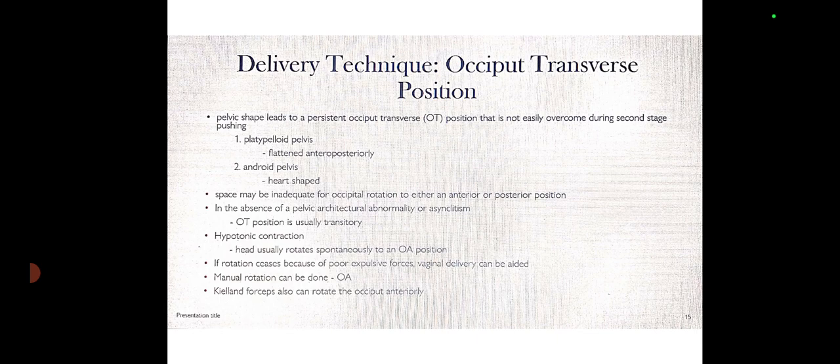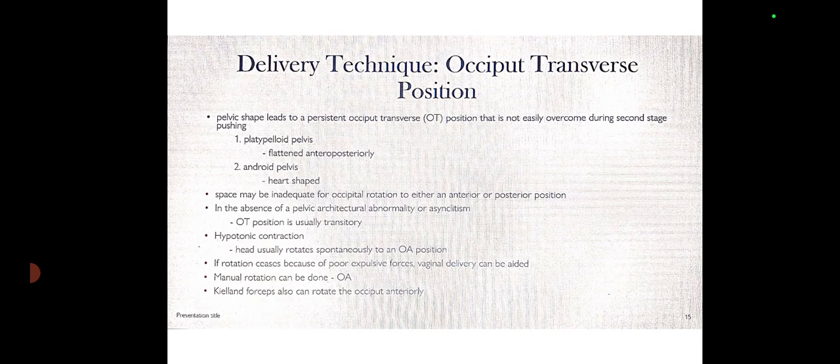The occiput transverse position. Pelvic shape leads to persistent occiput transverse. The position is not easily overcome during second stage pushing in a platypelloid pelvis, which is flattened anteroposteriorly. While speaking about the anthropoid pelvis, this is the heart-shaped one. The space may be inadequate for occipital rotation to either an anterior or a posterior position.